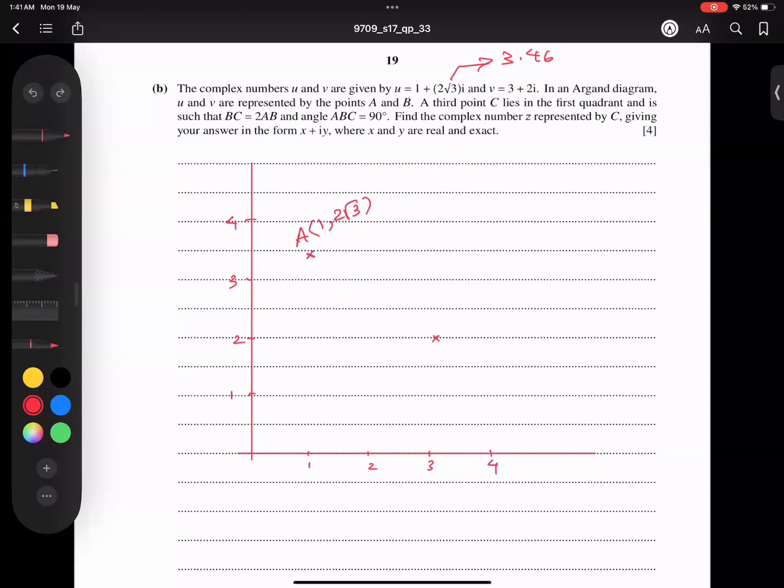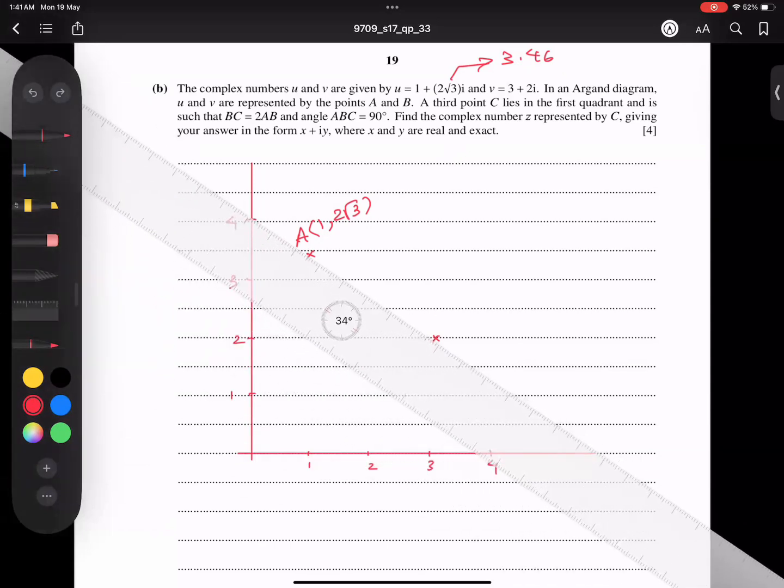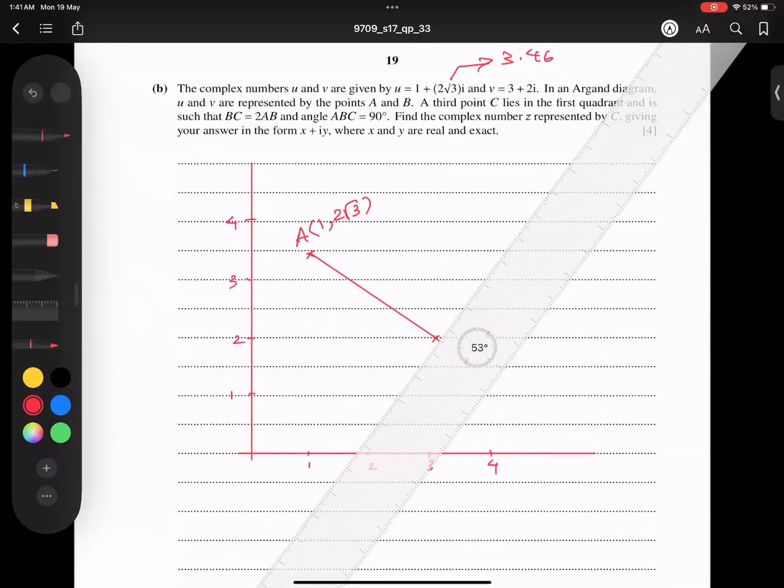Okay, if I join them, with the scale, first of all, I join them. Now I'm saying 90 degrees. You can see, students, it is exactly 90 degrees here, not approximately.